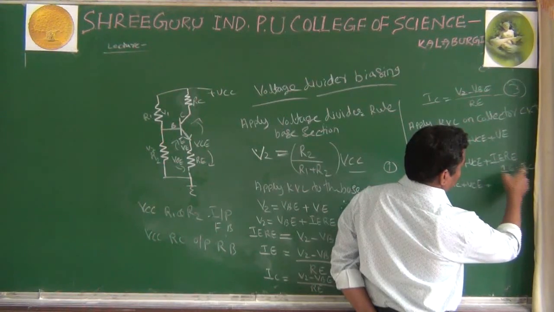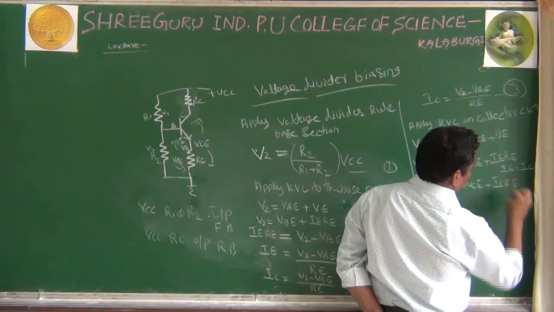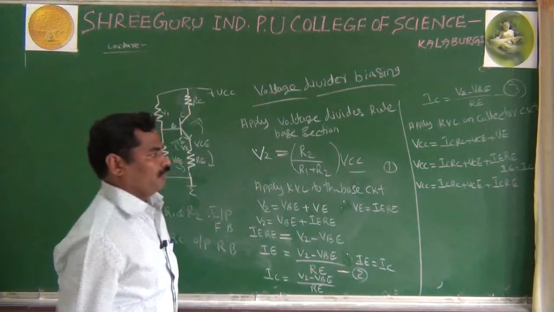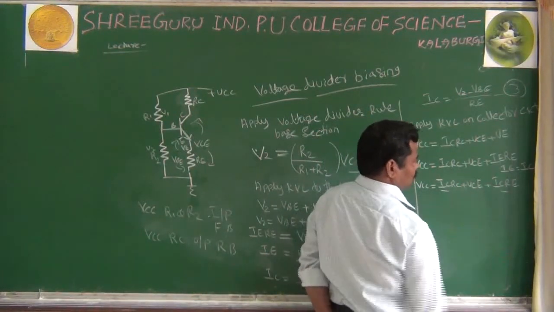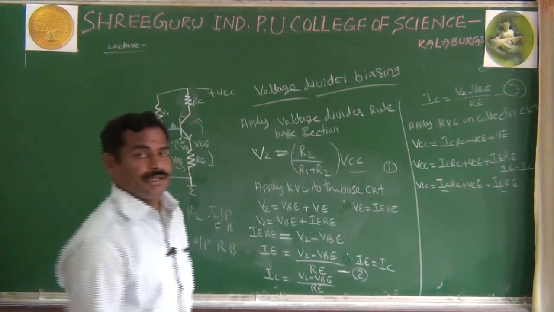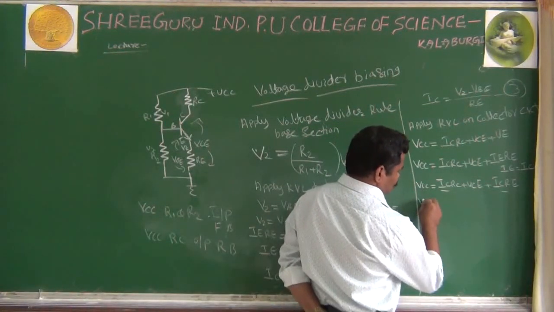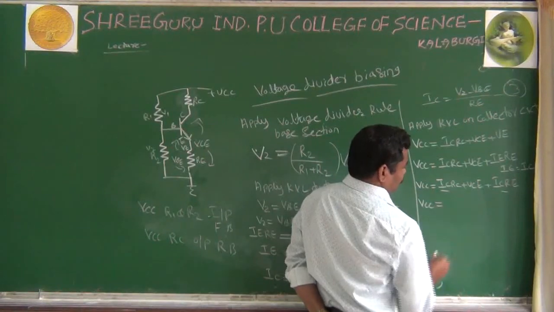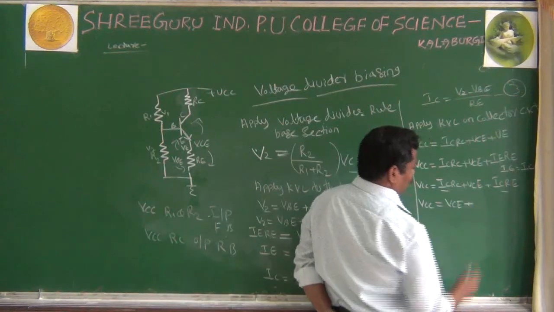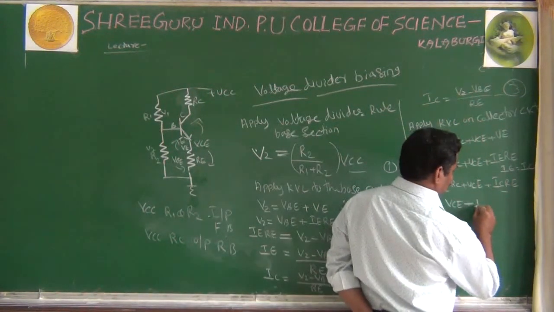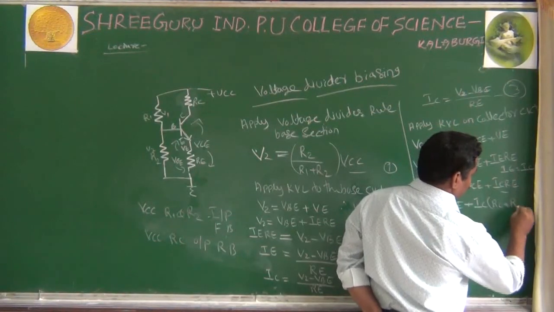In place of IE you can write IC into RE. Then you take common here and here. What is common? IC is common. You take IC common and that becomes VCC equal to VCE plus IC into RC plus RE.